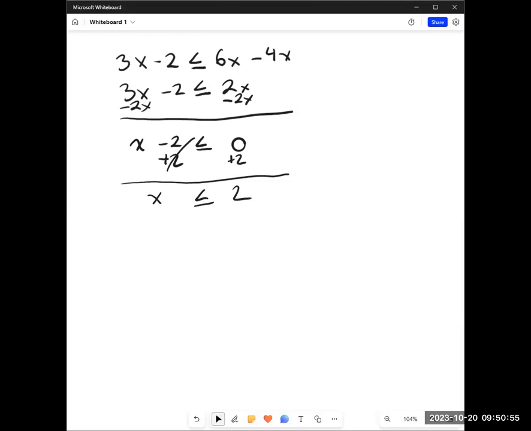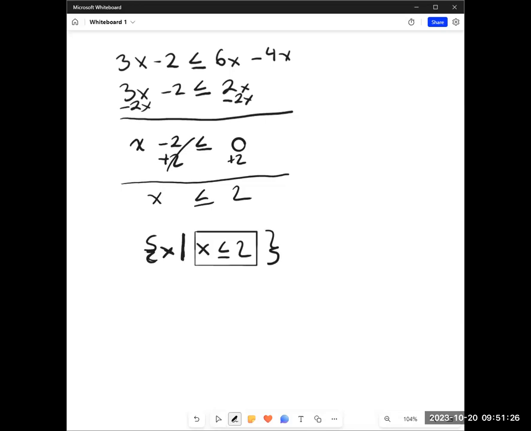So the solution set is the set of all x's such that x is less than or equal to 2. This is the part that usually is the answer box in my labs. They'll usually give you the other part, but I want you to know what this means. The braces mean the set of, and then it's the set of x's, because x was our variable.